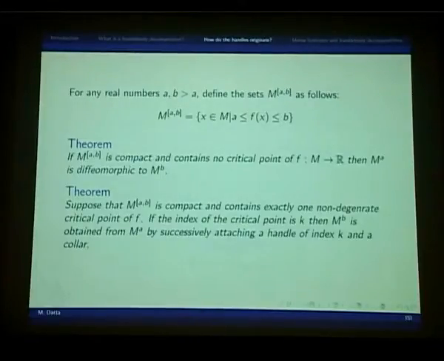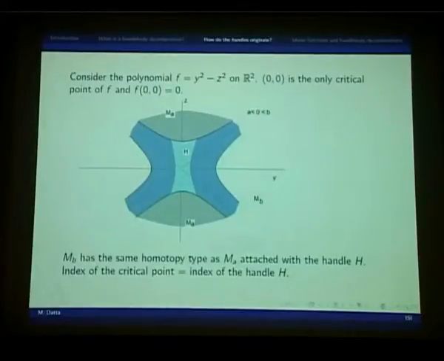The theorem is the following: if M^ab is compact and contains no critical point of f, then M^a is diffeomorphic to M^b. For example, if you go back to this picture, if you change the value of a and look at these gray regions, it will only come closer or go away from the 2 diagonal lines that I have drawn, but the topological type will not change.